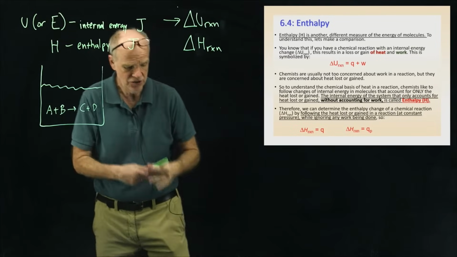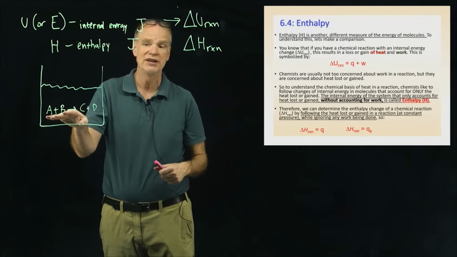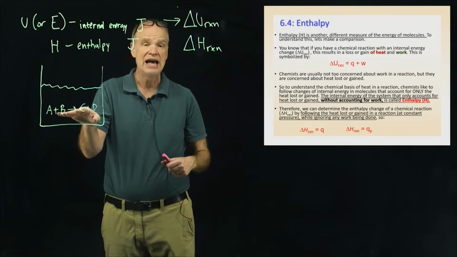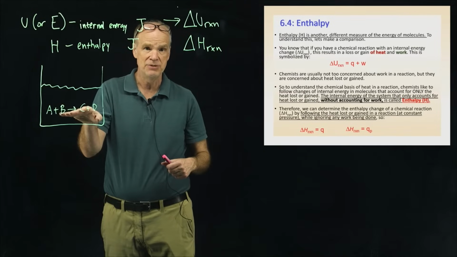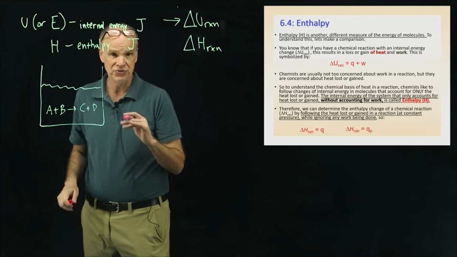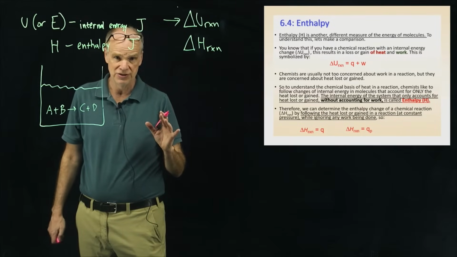Now, it could be, for example, that A and B have a lot more chemical energy than C and D do. If that's the case, then that extra energy that A and B have must be released to produce C and D. Let's say you see two forms of energy released by this reaction.